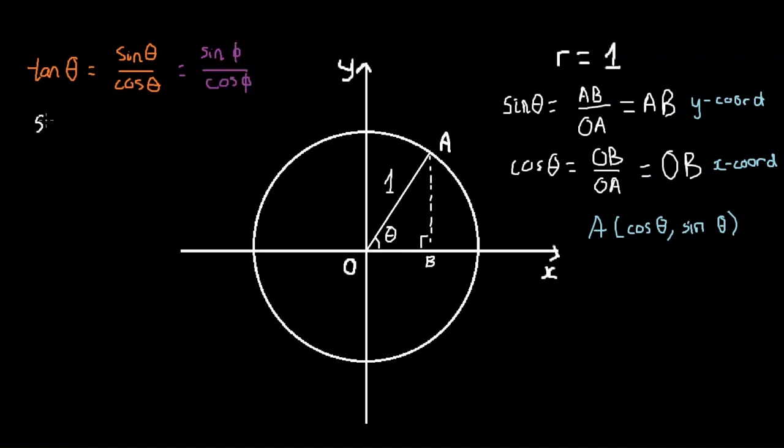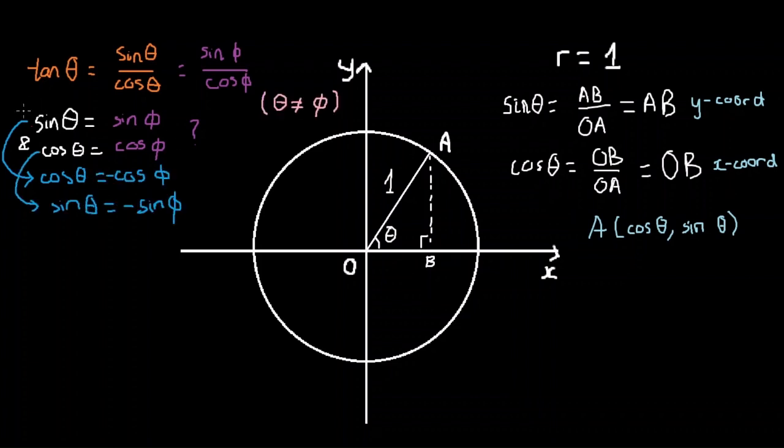So first, let's look for a case where both the sine and cosine values for theta and phi are the same. However, we have just shown that if the sine values of two distinct angles are equal, then their cos values are negatives and vice versa. Therefore, this case is rejected.